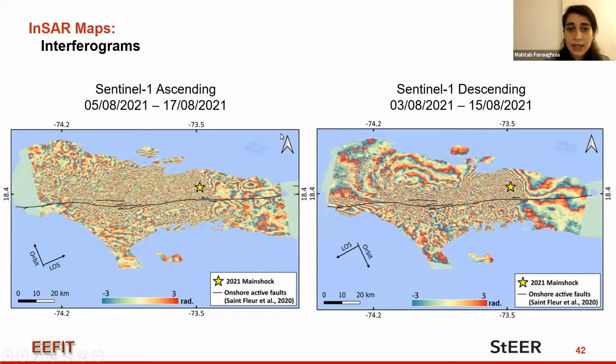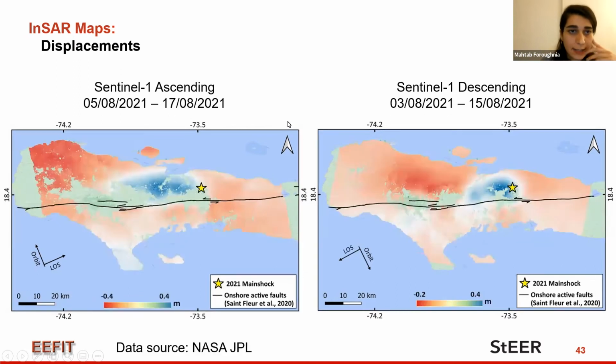Each color cycle corresponds to an interferometric fringe, which indicates a movement equal to half of the sensor wavelength. So for areas with very close fringes, for example, here areas around the epicenter, we have a greater amount of displacement, as shown on the next slide.